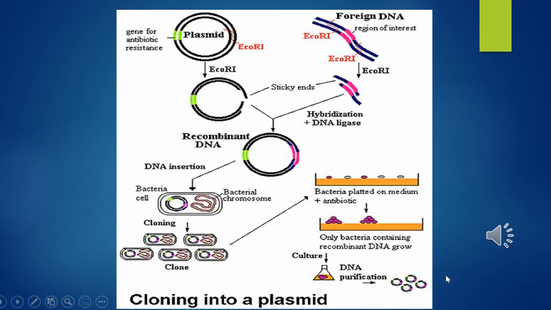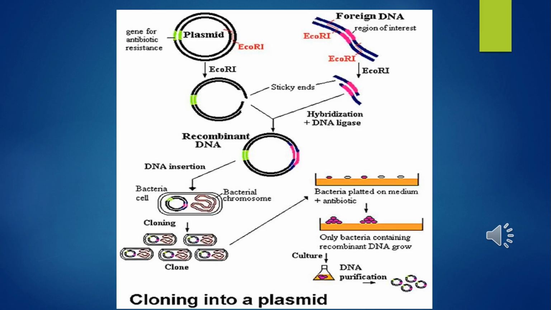This is one more slide showing cloning into a plasmid. You can see plasmid and a foreign DNA on which EcoR1 is being acted. Restriction endonuclease is acting. Now hybridization and then with the help of DNA ligase, recombinant DNA is formed, and this recombinant DNA is then introduced into the bacterial cell, which is already having bacterial chromosome, and a new plasmid is introduced in it.